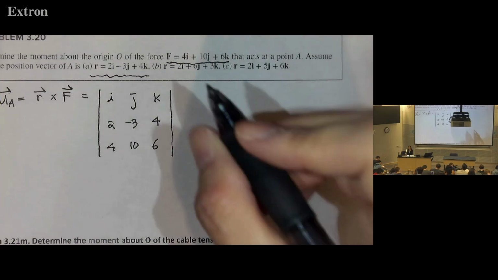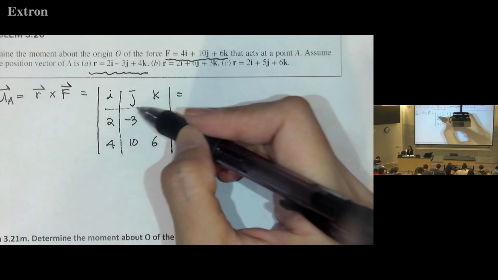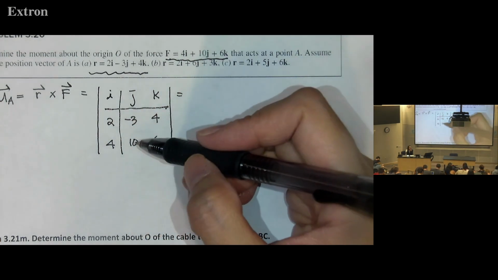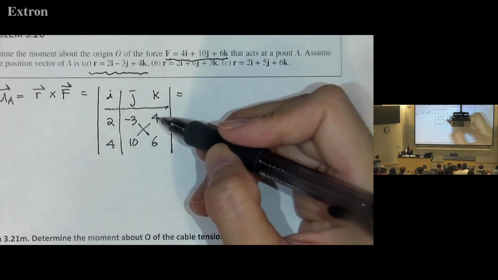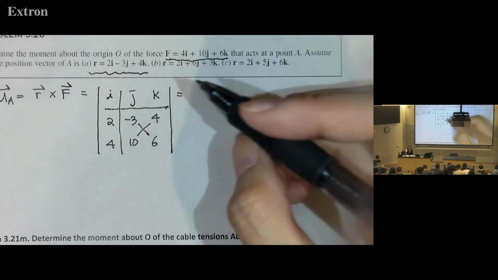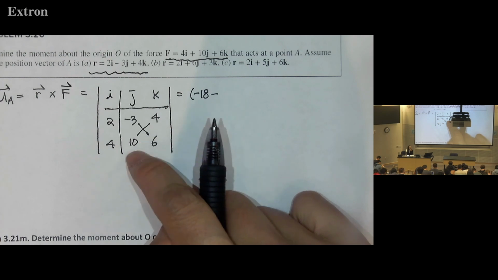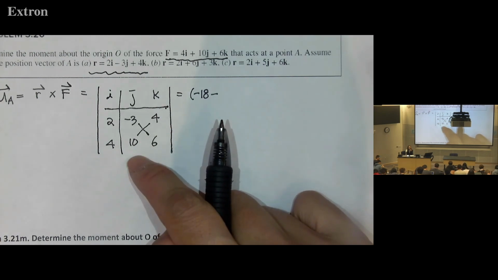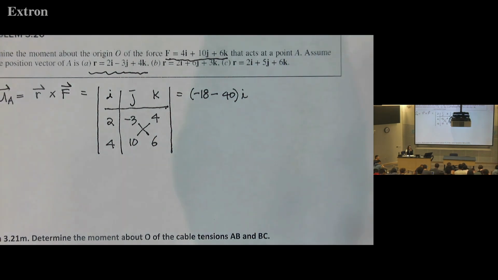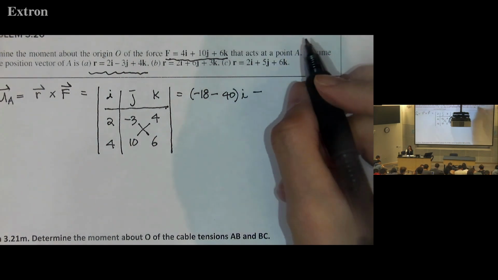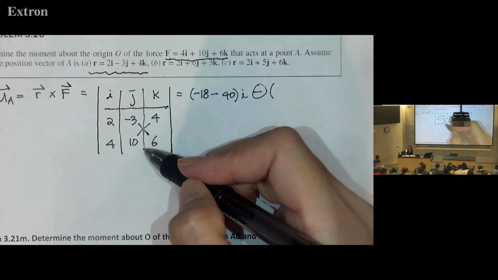So let's calculate this together. So first, i component. So let's use this divider here, and then multiplying this minus multiplying this, right? So minus 3 times 6, minus 18, minus this times this, 4 times 10, 40. That's the i component. And minus j component, so divider here, right?